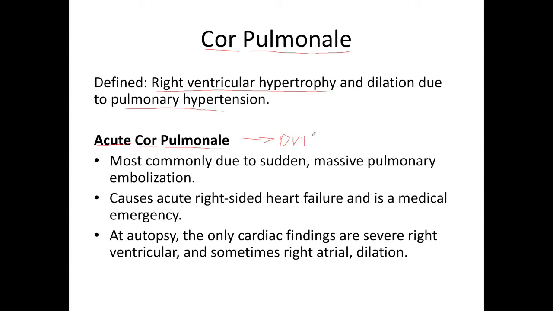So I want you to imagine for a moment that a very, very large thrombus originates from a deep leg vein, travels through the inferior vena cava, travels to the right side of the heart, and so we're going to draw our heart right here, and then recall that our pulmonary trunk, which is right here, is going to divide into a left and a right pulmonary artery.